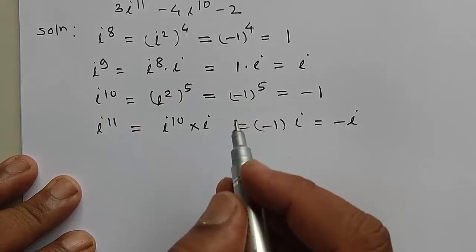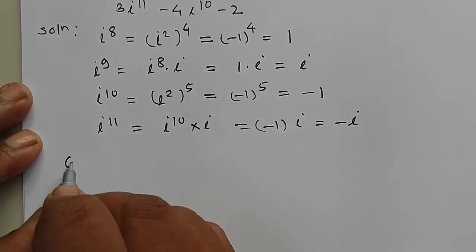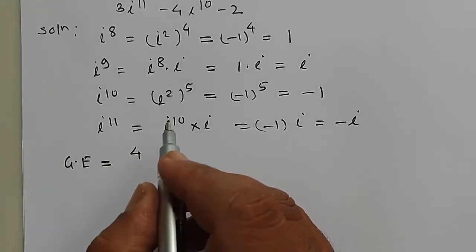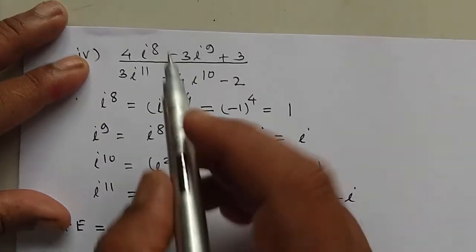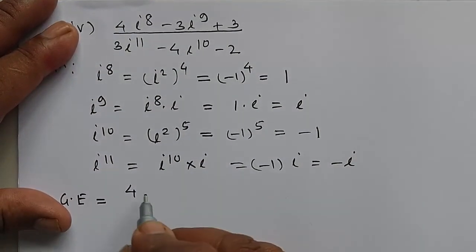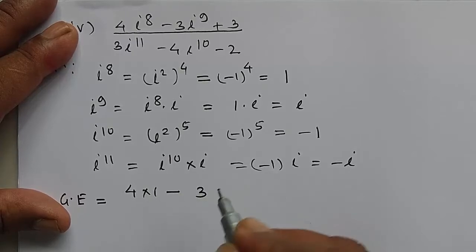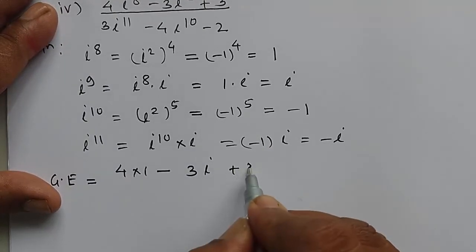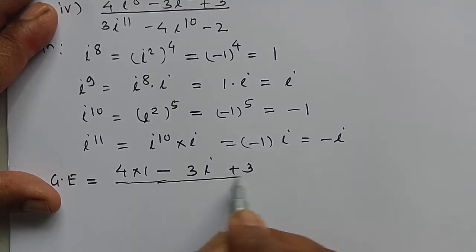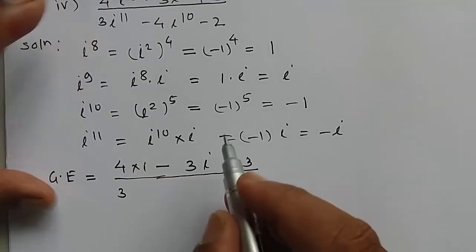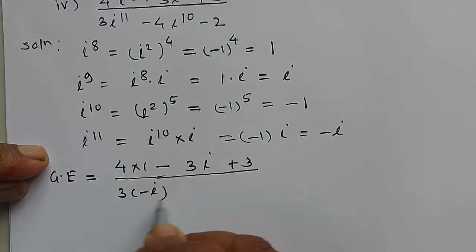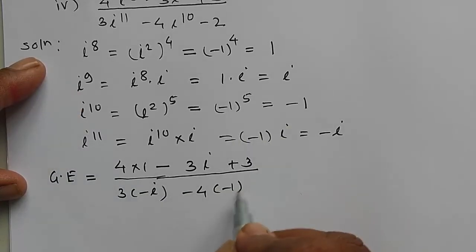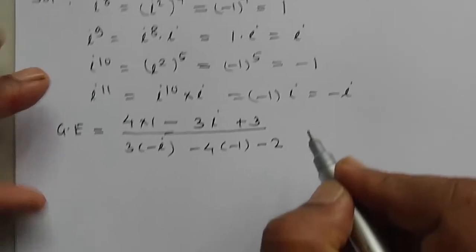Substituting all these values in the given expression, it is equal to 4 into i raised to 8. So i raised to 8 is 1, so into 1, minus 3 into i raised to 9, that is i, plus 3, divided by 3 into i raised to 11, that is minus i, minus 4 into i raised to 10, which is minus 1, and minus 2.